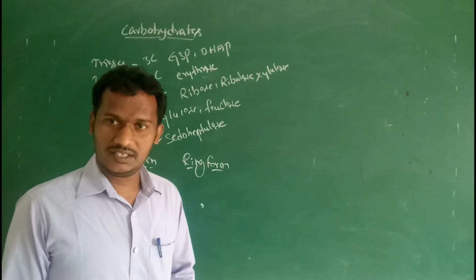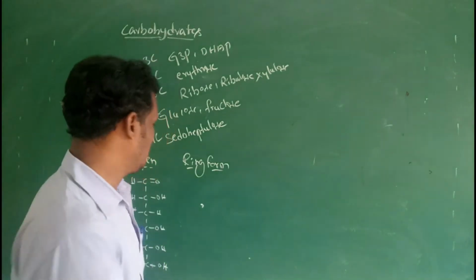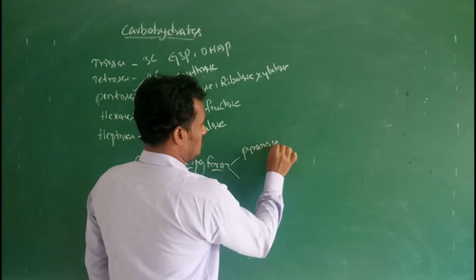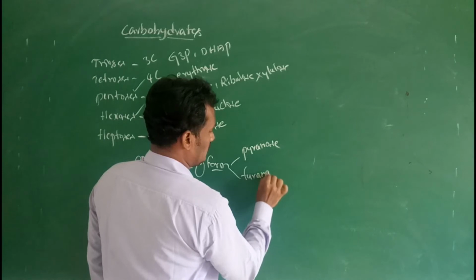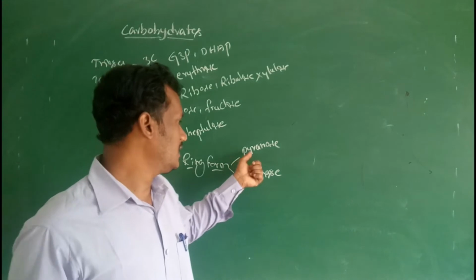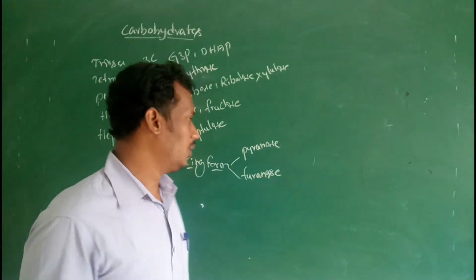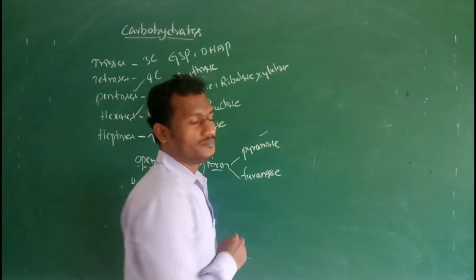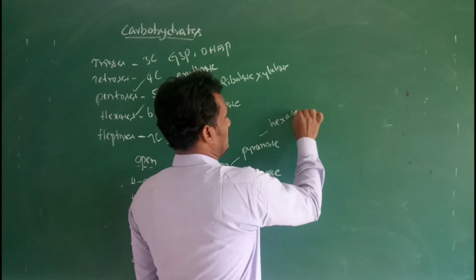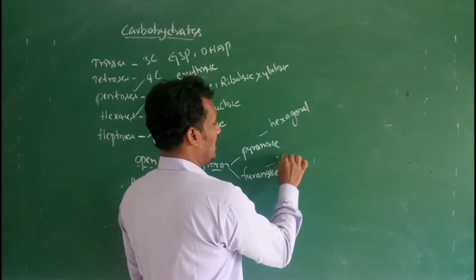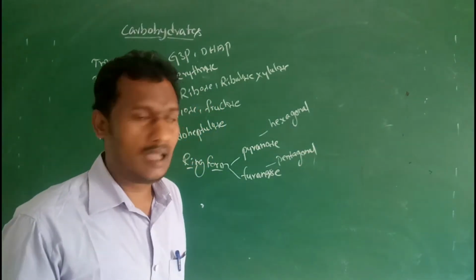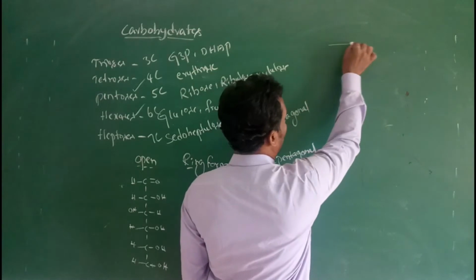Then the ring form of the structure is of 2 types: pyranose and furanose. Pyranose has a hexagonal shape, and furanose has a pentagonal shape.